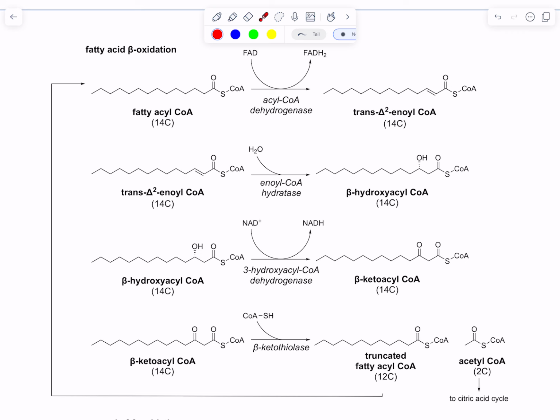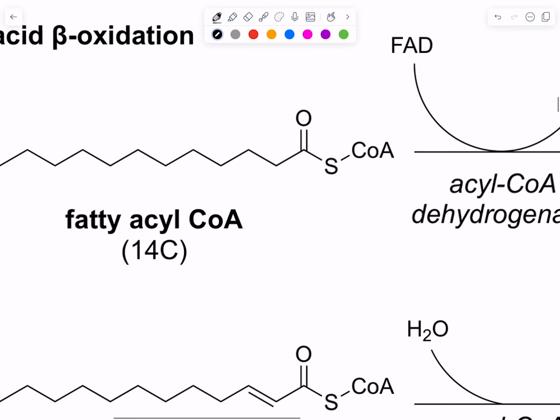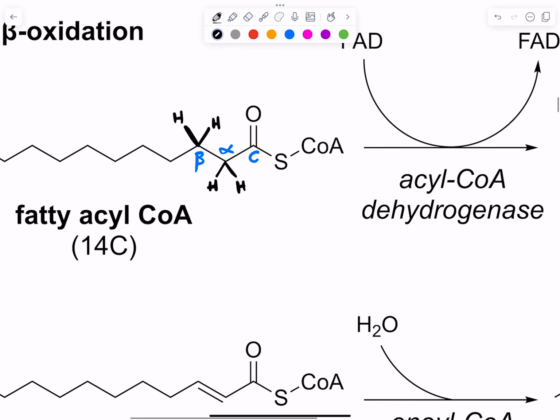And you'll see why by focusing in on what happens to the beta carbon. So that's the carbonyl carbon, that's the alpha carbon, that's the beta carbon. And notice that in the fatty acyl-CoA, the alpha and beta carbons are saturated. That is, there's no pi bonds, just a bunch of CH bonds.